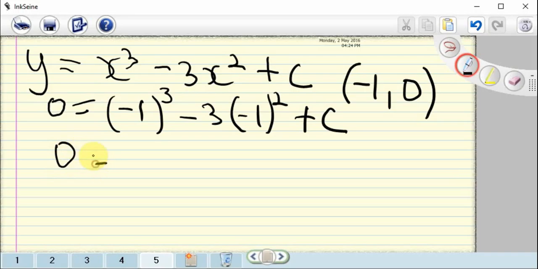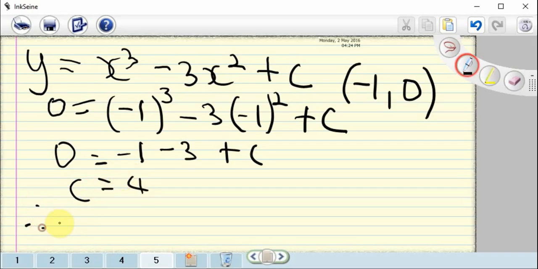So 0 is equal to negative 1 minus 3 plus c. Negative 4 plus c equals 0, so c is equal to 4.